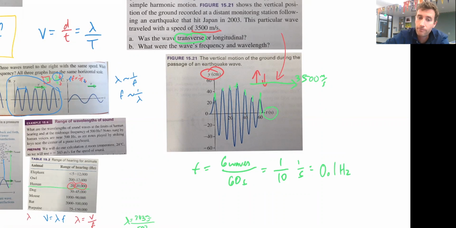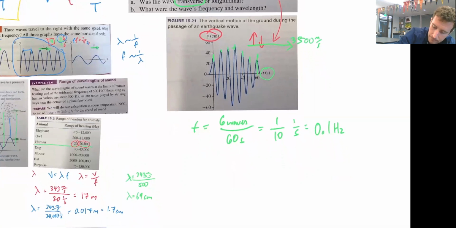So now I have a frequency, and then for the wavelength, I can use the speed and the frequency, because I don't actually have a wavelength value. There's no x value here. I'm only given the time and the amplitude. And the amplitude is not the same as the wavelength. It is a distance, but it's a vertical distance, and I want the horizontal distance. So for the wavelength, I could say velocity is wavelength times frequency.